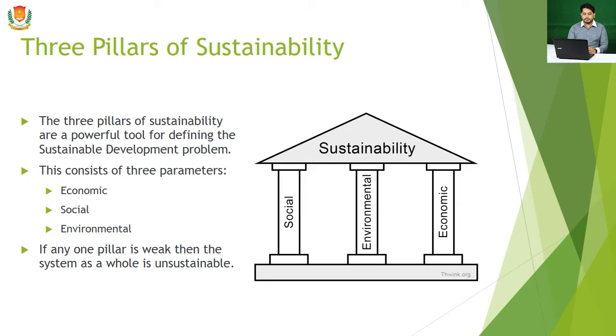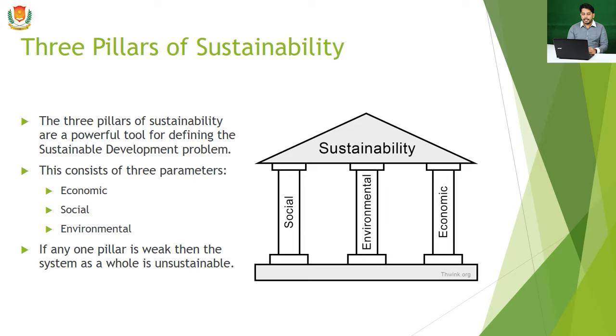These are the 3 pillars which have the whole weight of sustainability on them. If any one of the pillars becomes weak, then the whole system of sustainability becomes unsustainable. So, these pillars are among the most important parts of sustainability. Now, let us talk more about the three pillars of sustainability.